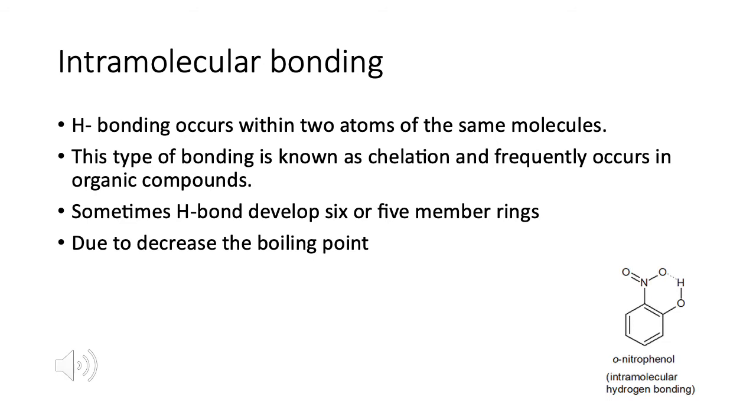Intramolecular hydrogen bonding occurs between 2 atoms of the same molecule. This type of bonding is known as chelation and it frequently occurs in organic compounds. Sometimes the hydrogen bond develops 6- or 5-membered rings, and that leads to a decrease in the boiling point.